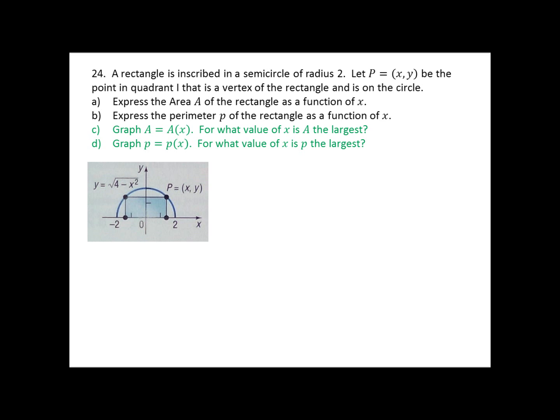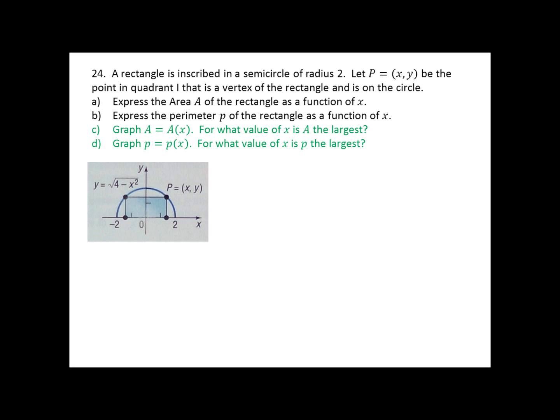So you could look at the picture, and x is the distance along the bottom of the rectangle from the middle of the rectangle over to the right side. So the base of that rectangle is 2x. X on one side of the y-axis, x on the other side of the y-axis.